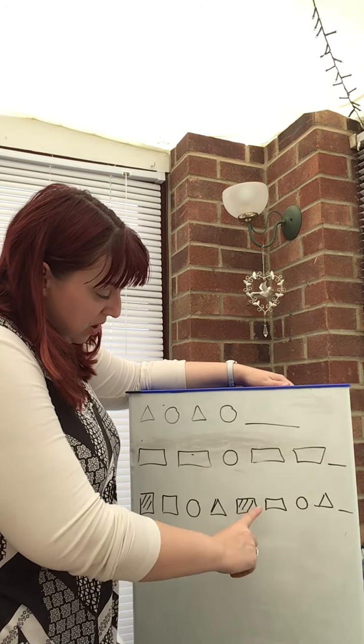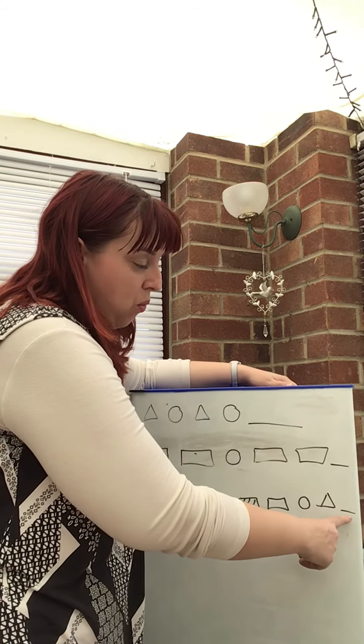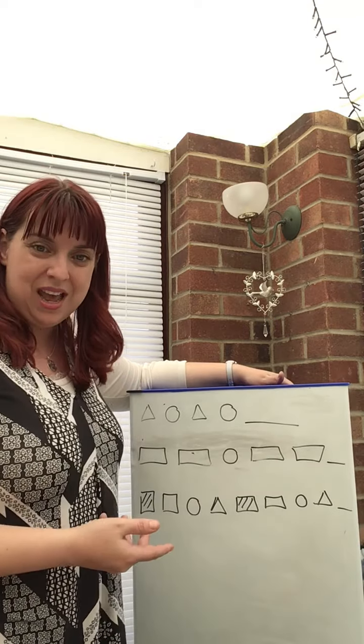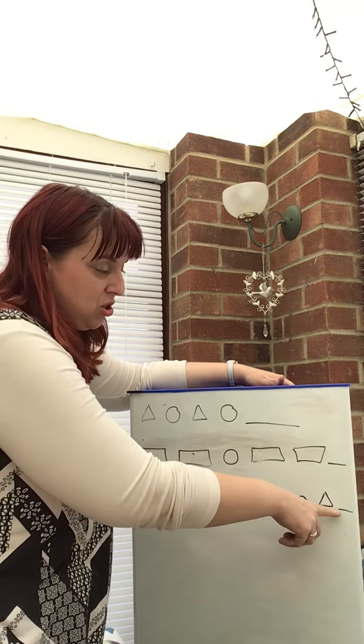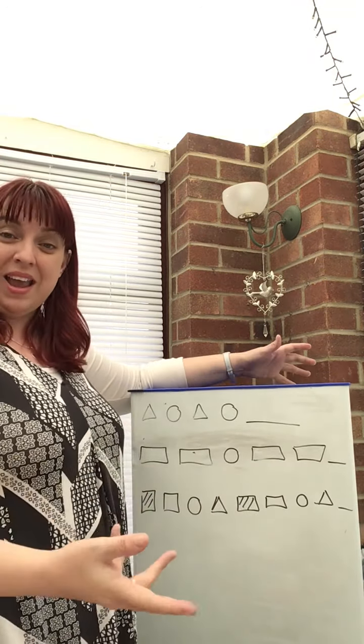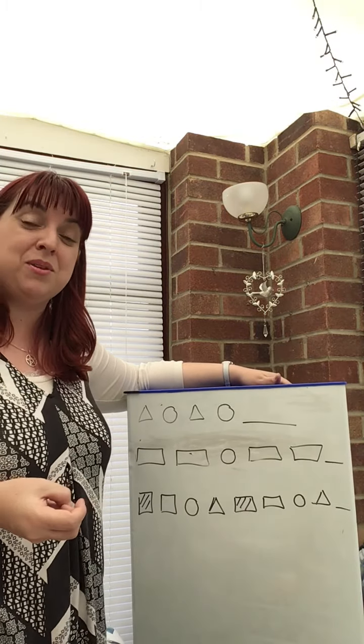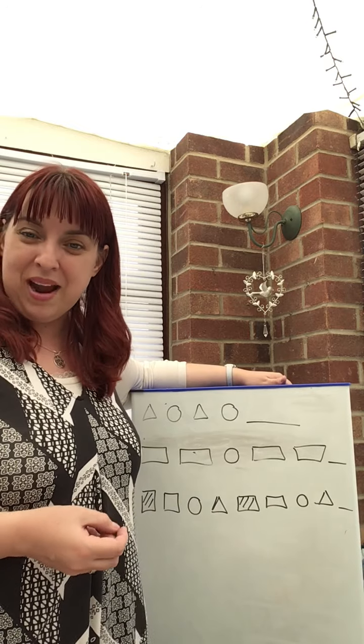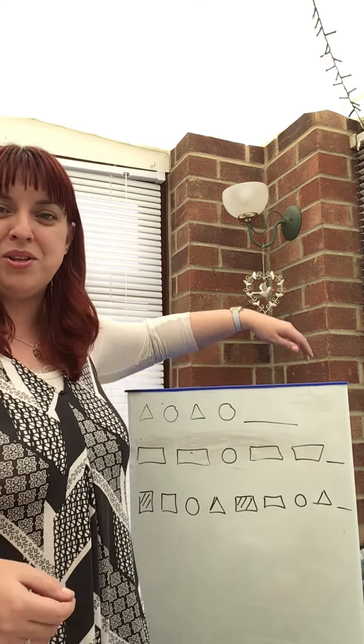Square, circle, triangle, square, circle, triangle. What comes next? Now my children might say to me square and I go, yes, but what else? This is where they'd have to describe its stripes or that it's a large square. Okay, this is where it really helps them to describe their features and improve their vocabulary. Have a practice and see what you can get up to learning about 2D shapes.